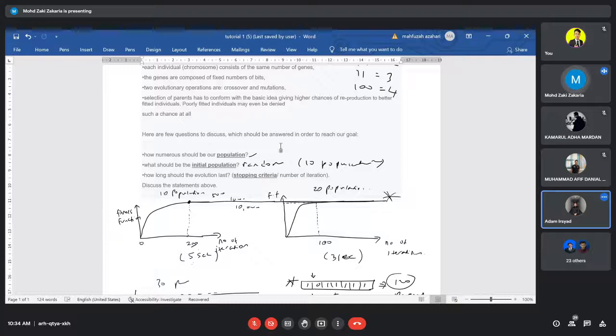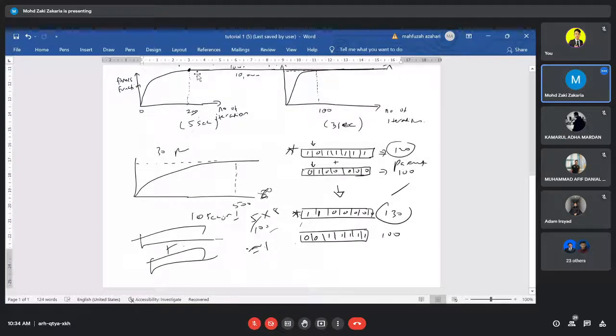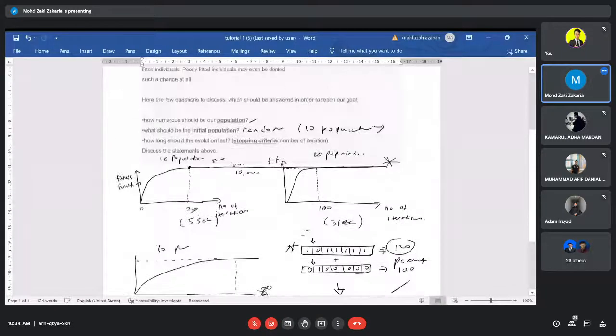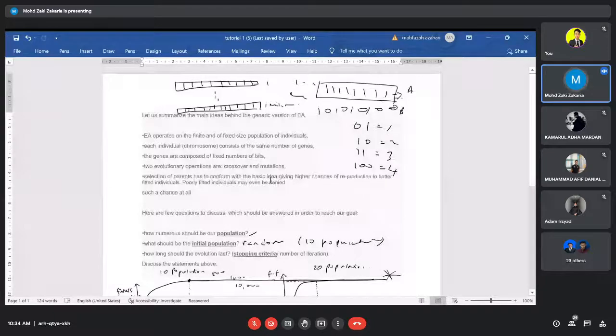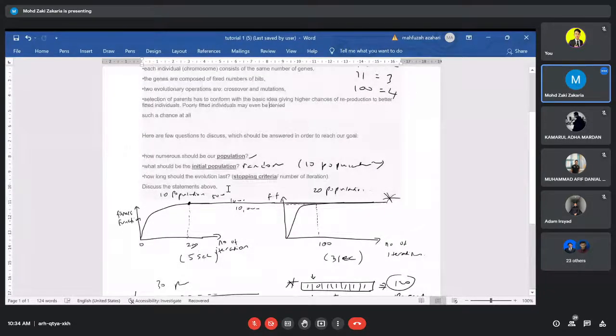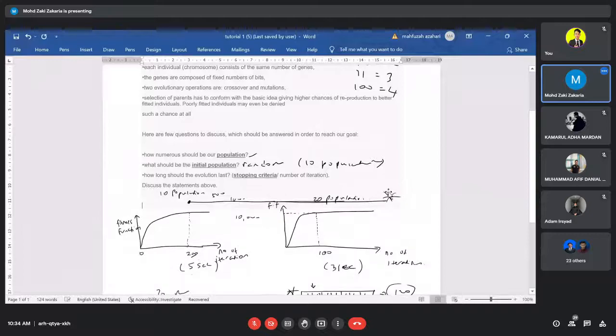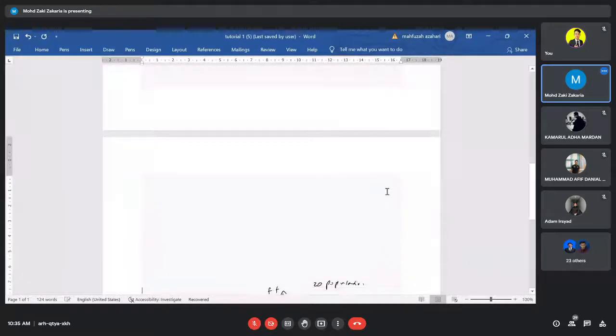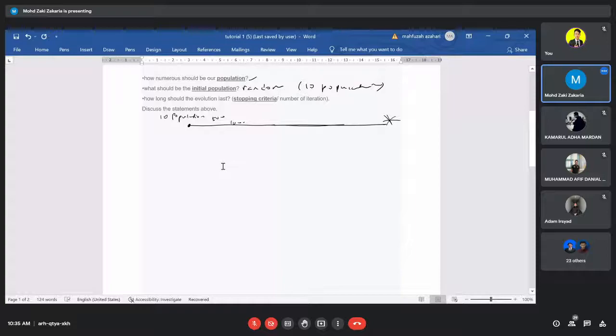No. Mutation is like this. Okay, first, let me make a new one. First, we have what we call the flow chart.